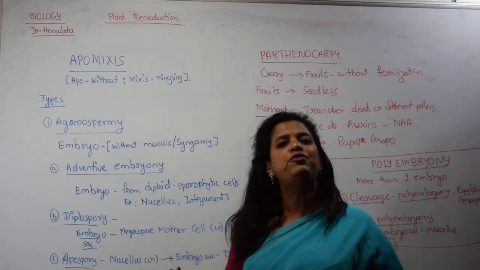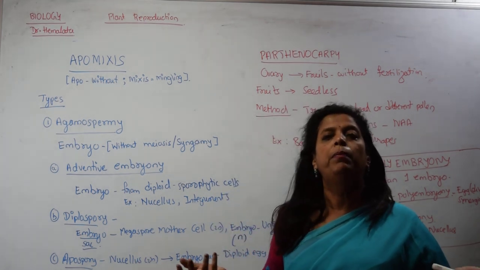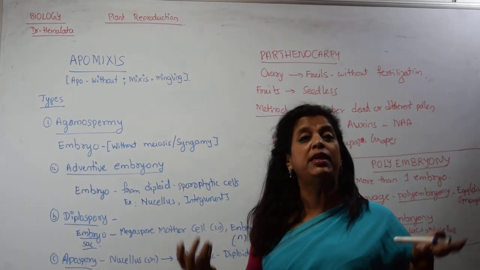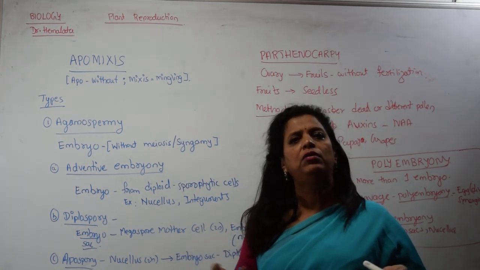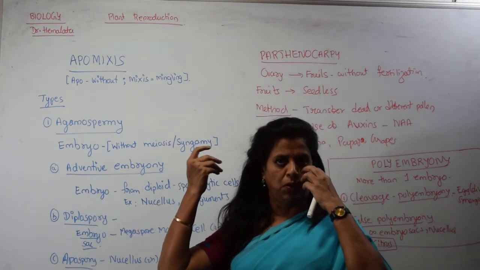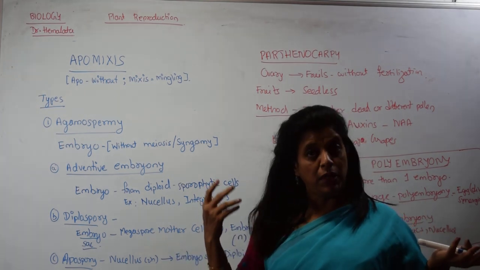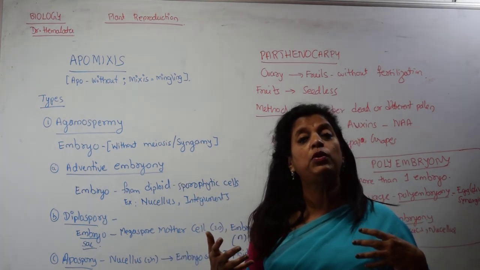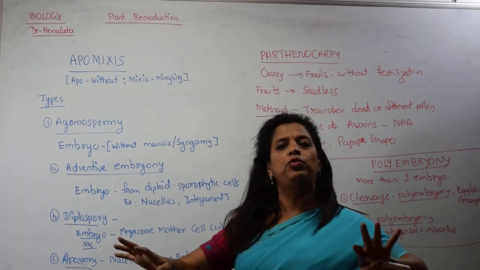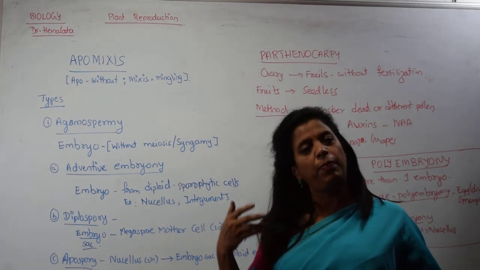Because seedless fruits have great economic importance. A lot of people always want to buy seedless grapes rather than seeded grapes. Why? Seeded grapes will not be that sweet, because all the nutrients are taken away by the embryo. Therefore they don't like them. Therefore parthenocarpy is taking more importance, because people want everything easy and sweet, and everything should be very tasty. That's why parthenocarpy is induced by plant breeders.